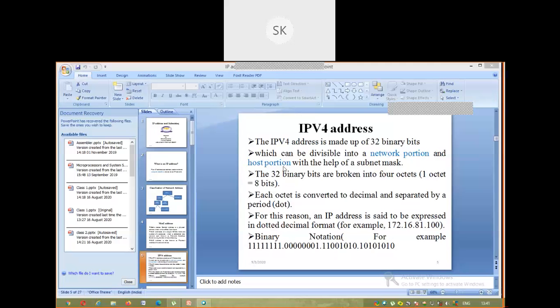Is the third line clear to you or not? Write in the chat box. There are 32 bits in the IP address, and these 32 bits are divided into 4 octets, 8, 8, 8, 8. 8 fours are 32. So we are separating 8, 8, 8, 8 into 4 octets.